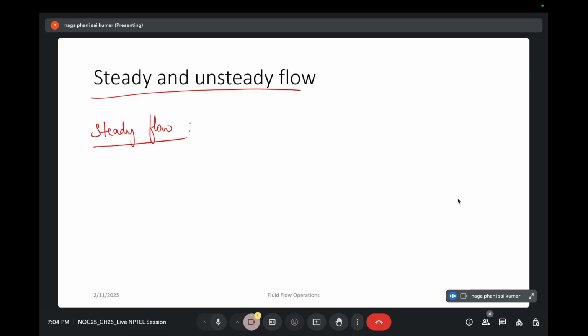Here we'll be using with respect to time. So that means the flow is not changing with respect to time. It can be represented as dp by dt as 0, or you can also express it as dv by dt as 0. That means parameters of the flow are not changing. If the pressure, velocity, or density of this flow is not changing with respect to time, then it is called steady state flow. And then we have unsteady state flow, which is opposite to steady state flow.